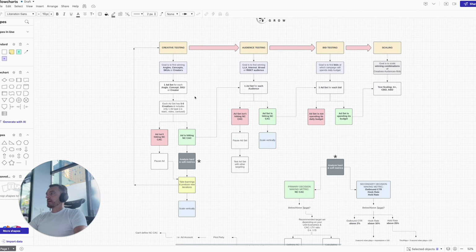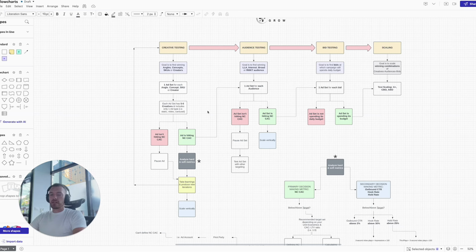And then each ad set has 5 to 6 creatives most often, and includes only one ad type. So this is my preferred way of testing when I have enough, let's say, testing budget.